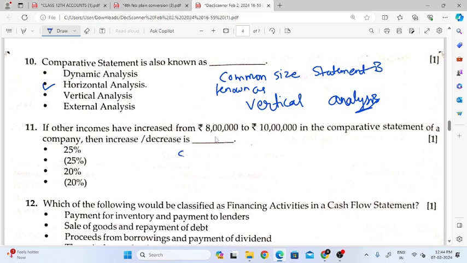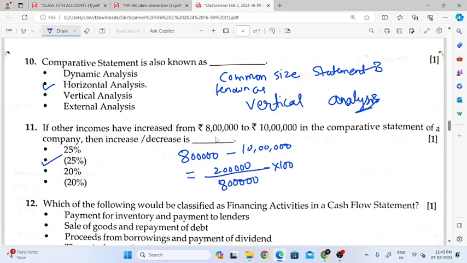We just have to do 8 lakh minus 10 lakh, which will give us 2 lakh, divided by 8 lakh, multiplied by 100, which will give us 25%.